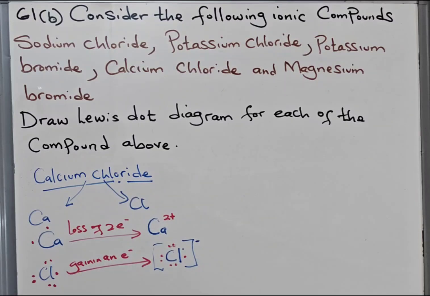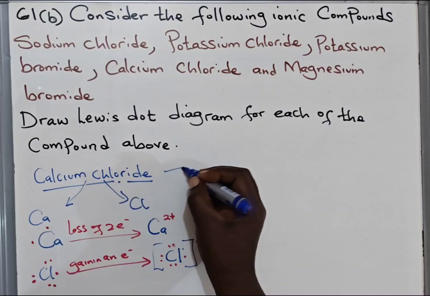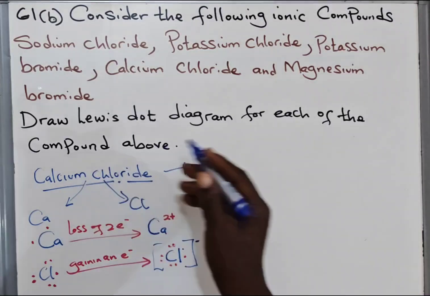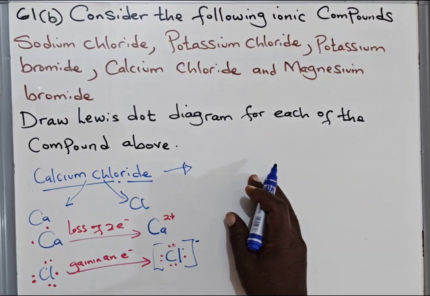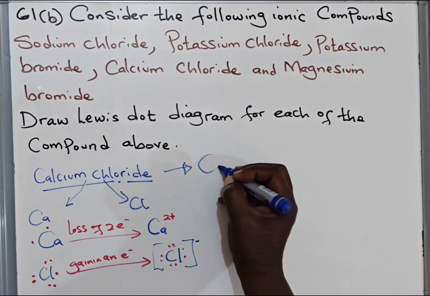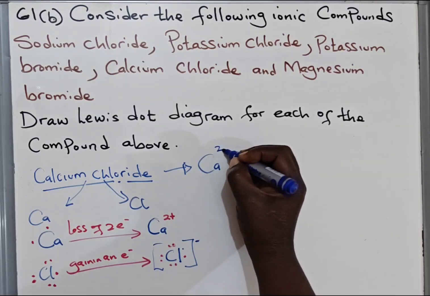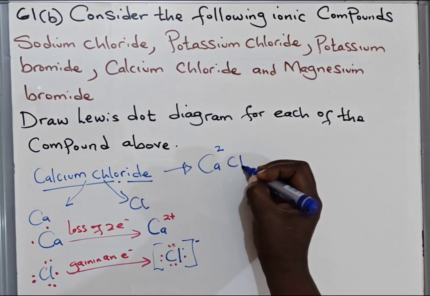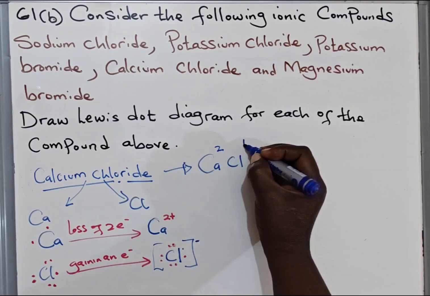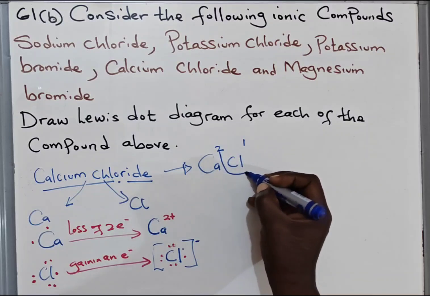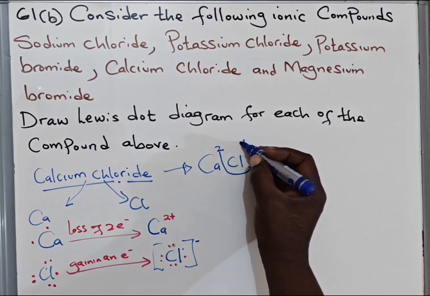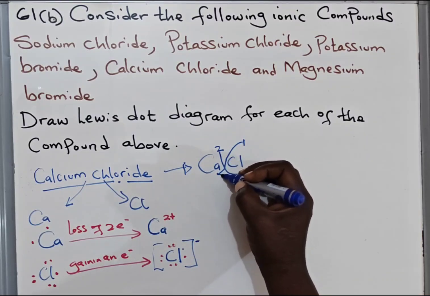Now, this one is a bit different because when you are writing the molecular formula of calcium chloride, we need to remember that calcium belongs to group 2 with valence 2, and chlorine belongs to group 17 with valence 1. We have to remember that this valence goes here and this one comes here.